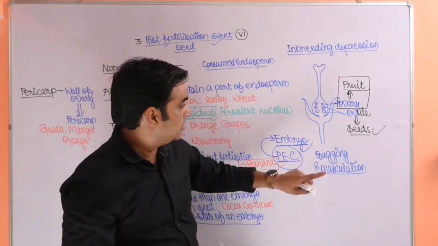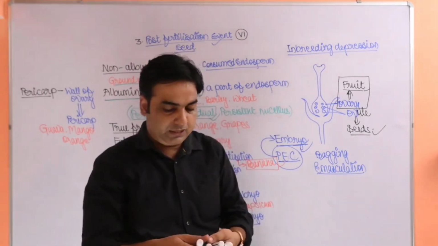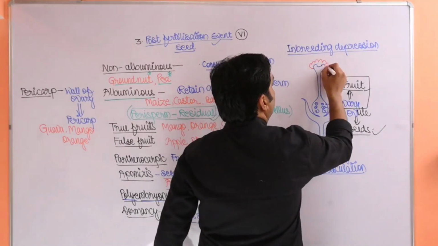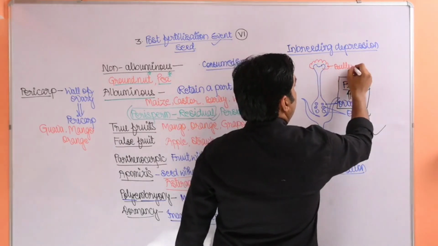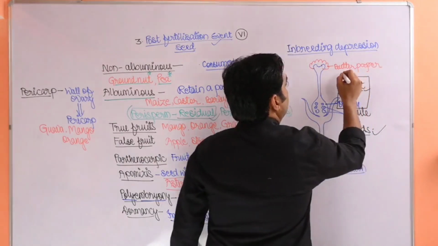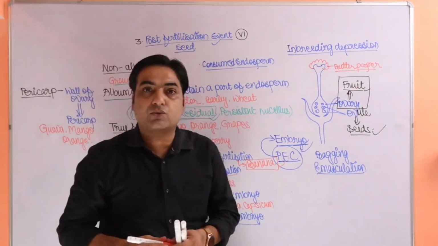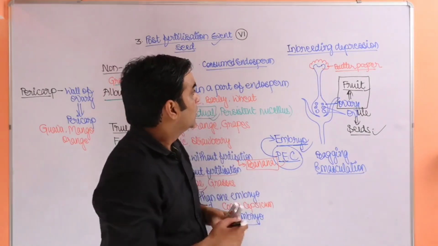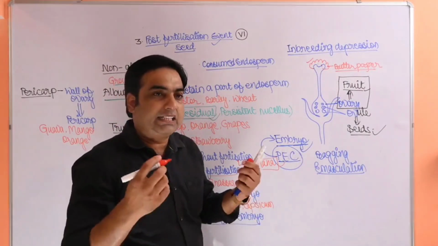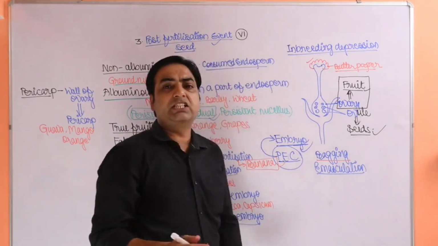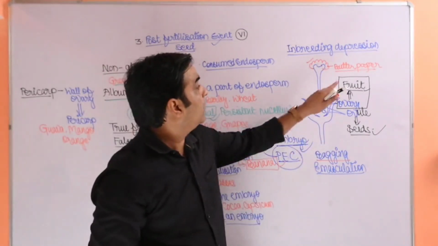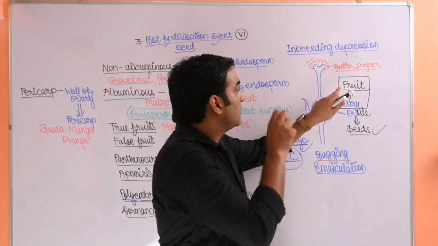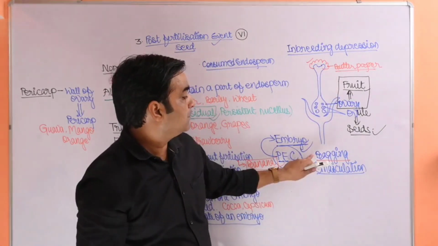What we have to avoid artificially is self pollination, so we make a bag-like structure made up of butter paper over it. This covers the stigma so that pollen will not strike it because of the protection of the butter paper bag. It doesn't avoid only autogamy, but also helps in avoiding unwanted pollen infection. So this butter paper works as a bag, and that's why this process is called bagging.